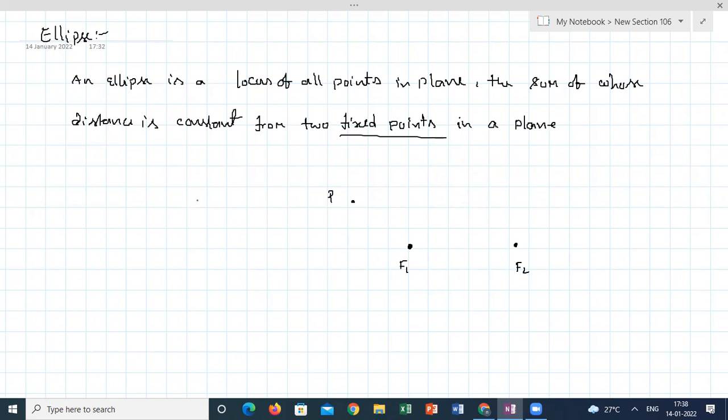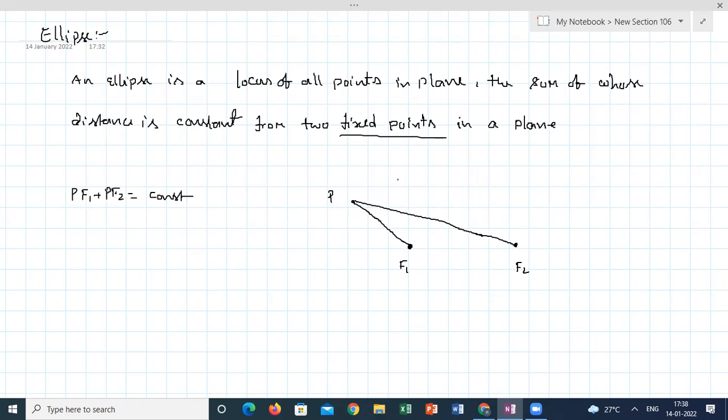You have to collect all the points in such a way that PF1 plus PF2 is equal to a constant. Suppose if I join P to F1 and P to F2, you will get 2 different lengths, and this sum is fixed.